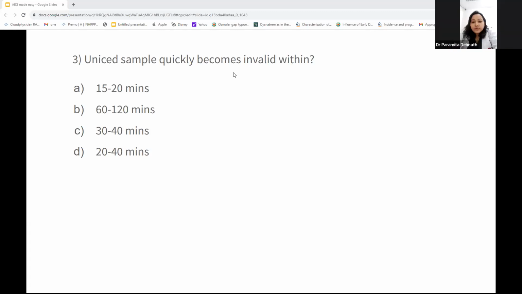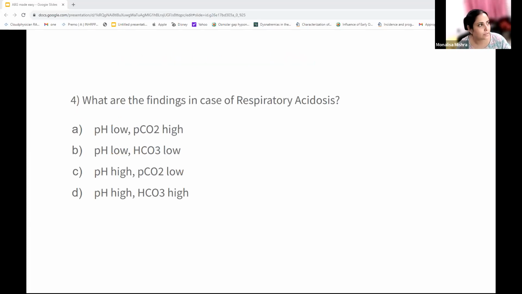Yeah, so except one, everyone wrote A. So A is correct. So only 15 to 20 minutes you have to process an uniced sample. If it's an iced sample, it can still be 1 hour, but the answer is 15 to 20 minutes.